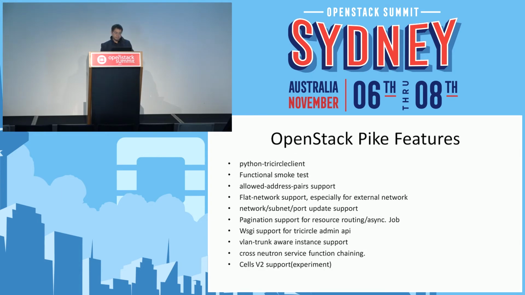Queens. So in the Pike release we have added some features like the Python Tricircle client and smoke test, and also support for allowed address pairs, which will be used for layer 2 networking and flat network, especially to support the external network as a flat network, and some object updates, for example network, subnet, port, and pagination support for resource routing and async job management.